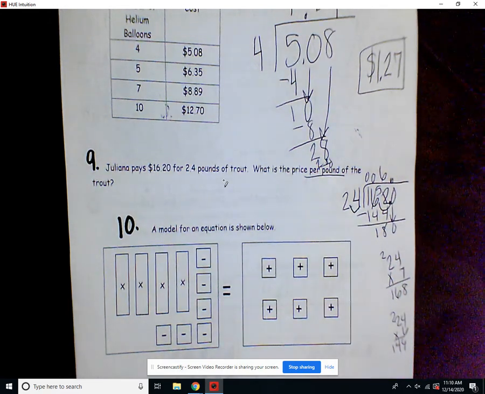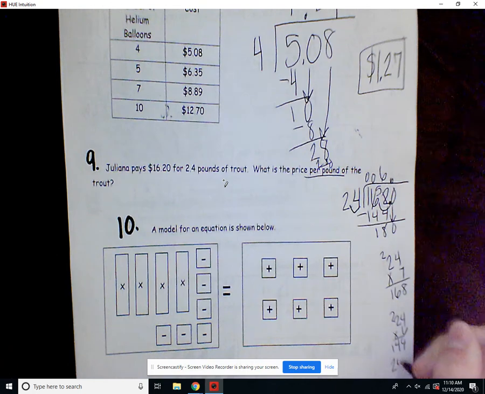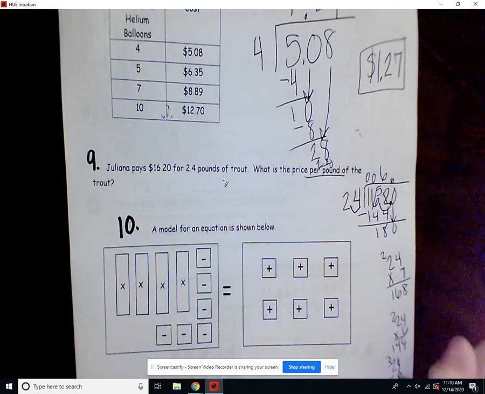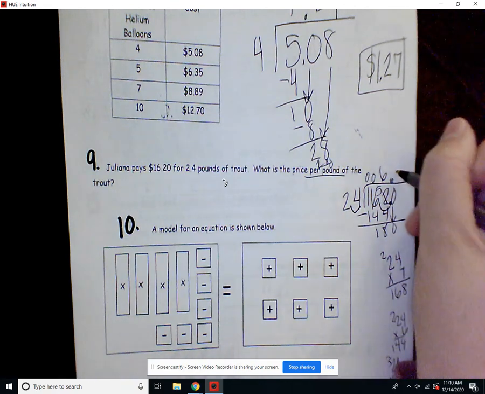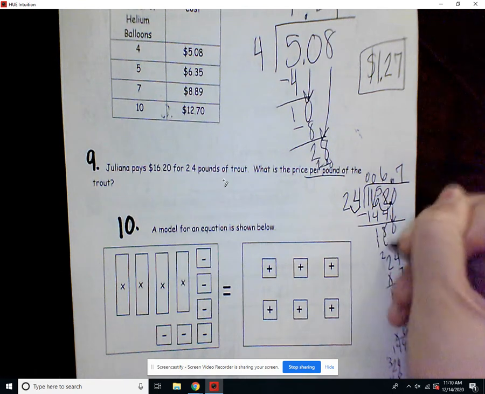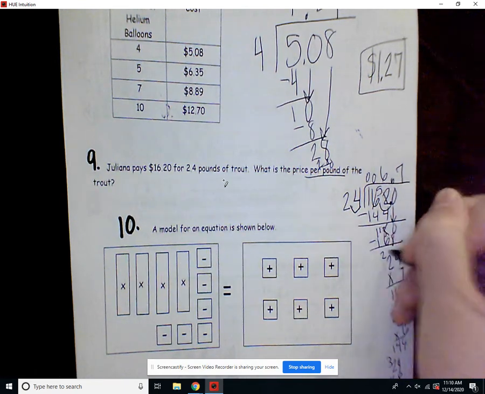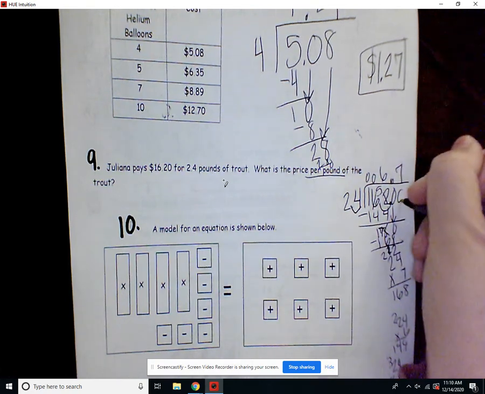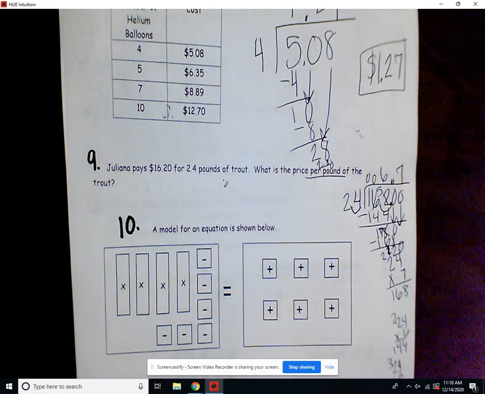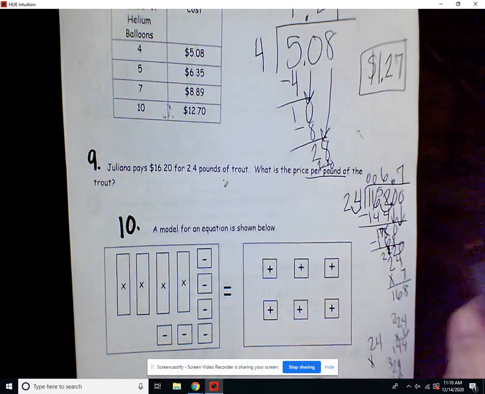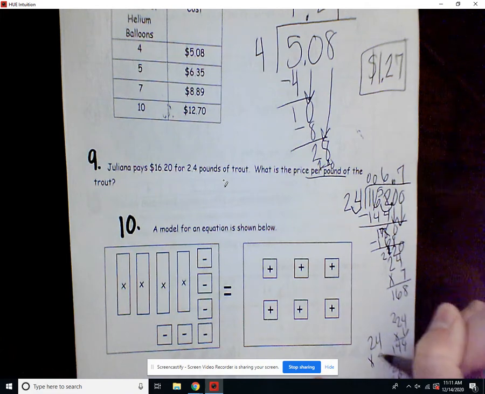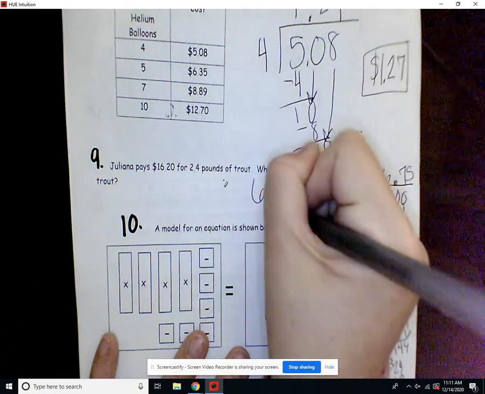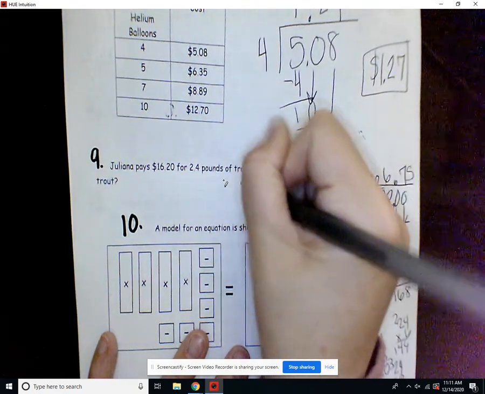And then it's going to go in there 7 times, which is 168. Add a 0, bring it down. 24 will go into 120 5 times. So what is the price per pound? $6.75.